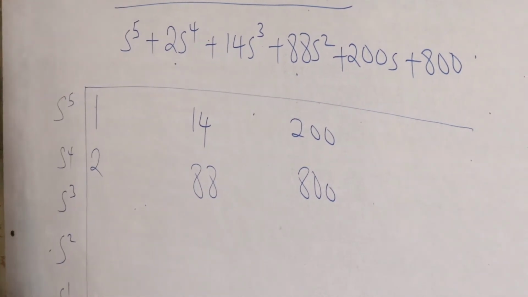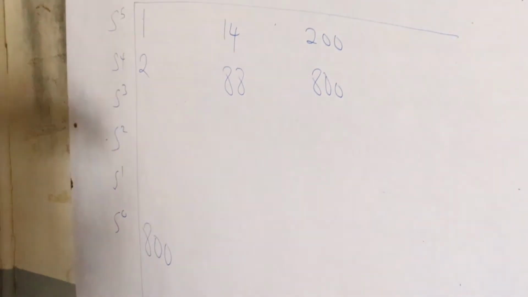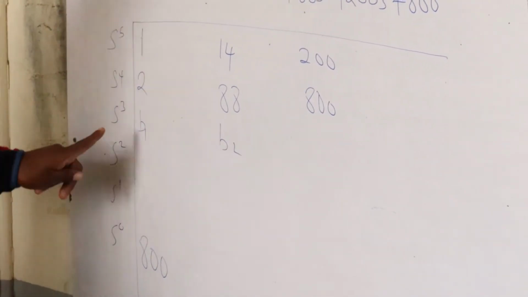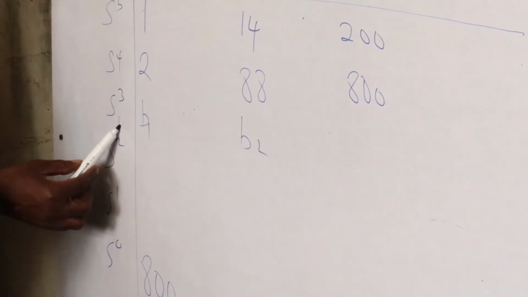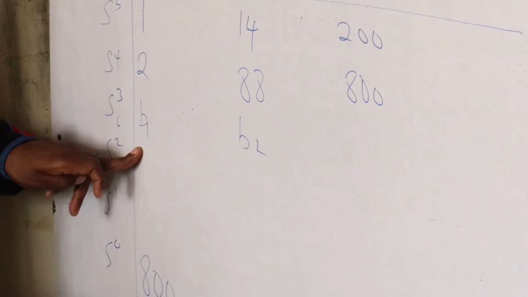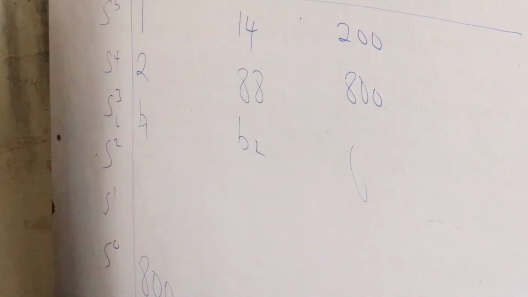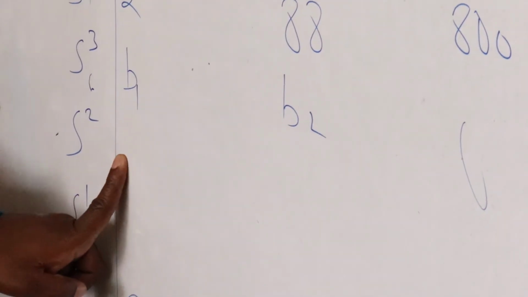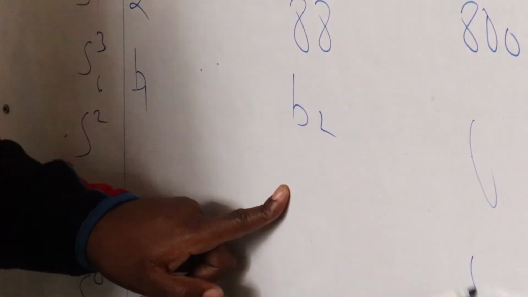I've done that one. Now you can go ahead and do the rest. You can start with this. Maybe you can call it B1, B2. You don't need to disturb yourself, because if this one is s raised to power 3, that is power 3, that is power 1, and that one is non-existent. If this one is raised to power 2, this is raised to power 0, which again does not exist.